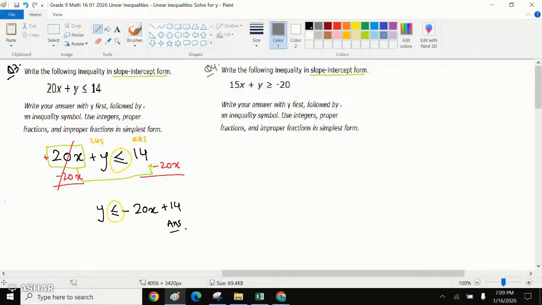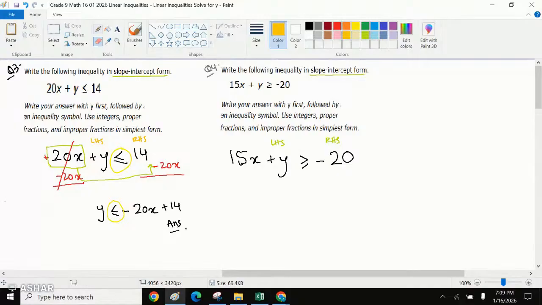So what we can do is we can simply copy down the inequality. 15x plus y was greater than or equals to negative 20. We know that this is the left hand side of the inequality. This is the right hand side of the inequality. We need to move 15x to the other side.